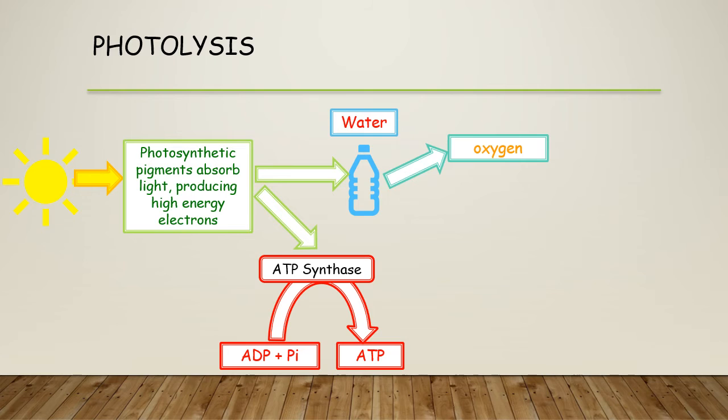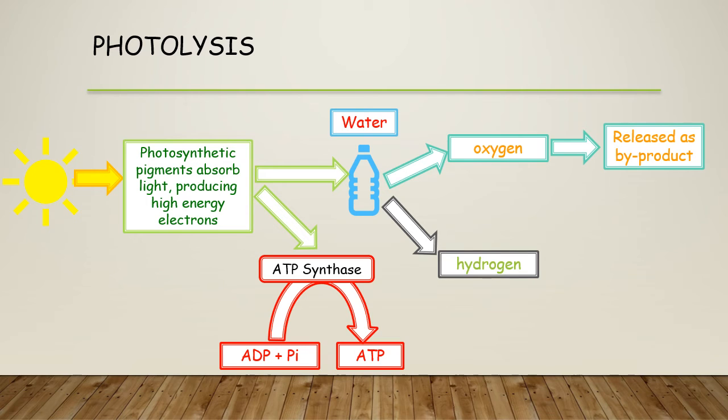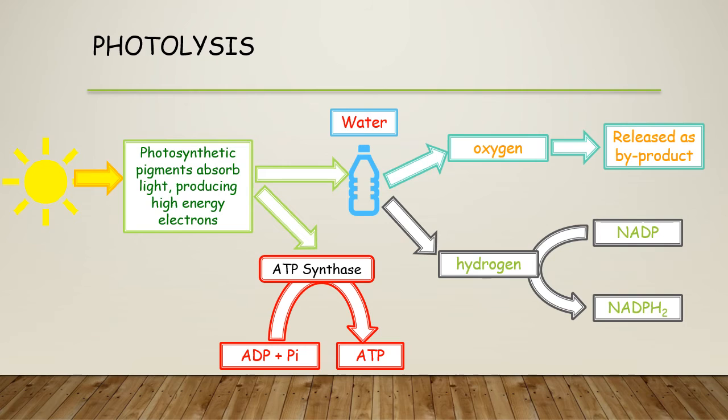So the first one being oxygen, which is released as a byproduct. The second one, hydrogen, and that is then picked up by our coenzyme NADP to form the reduced version NADPH2. Those two things, ATP and NADPH2, are the important parts that come from stage 1 that go off into stage 2. Oxygen, obviously another product, but it's a waste product, so it's released from the leaf.